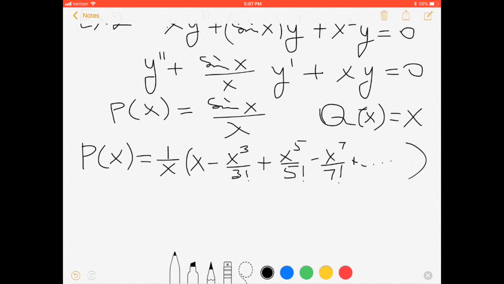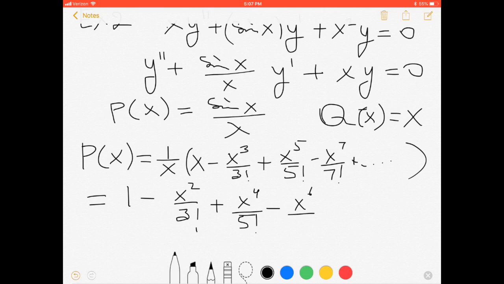But if you multiply it by 1 over x, you have 1 minus x squared over 3 factorial plus x to the 4th over 5 factorial minus x to the 6th over 7 factorial, and continue. This is a power series.